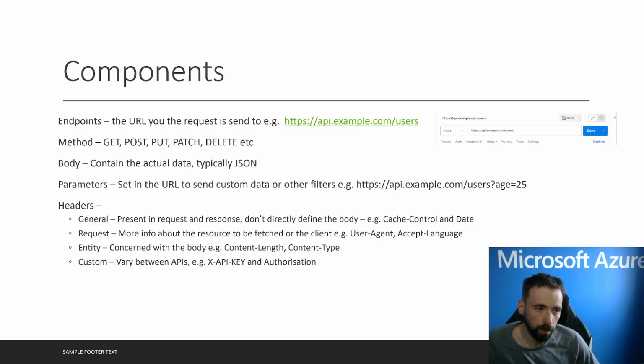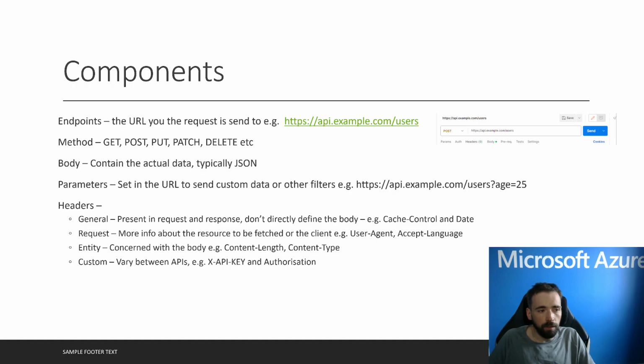They come after the URL path and the path of the API call. In this example, we've got api.example.com/users?age=25. So there's a key value pair. The key is age, the value is 25. This might be used to retrieve all users that are age 25, for example.